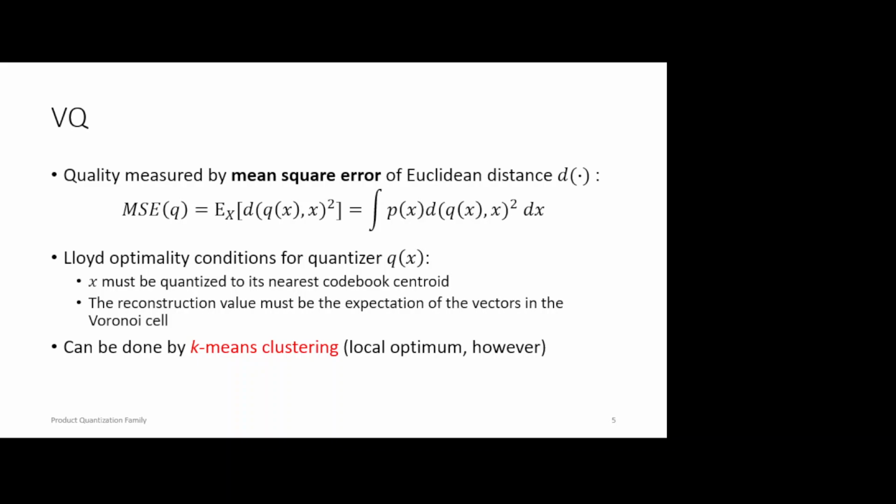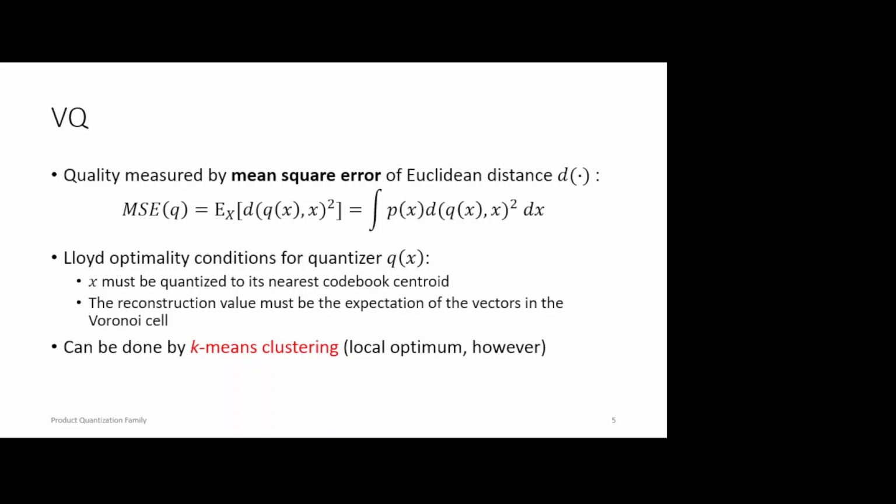Given the quantizer, it is the expectation over all the data x. x is the original vector, and Q(x) is the quantized vector. We calculate their Euclidean distance between the original one and the compressed one, and take the square.